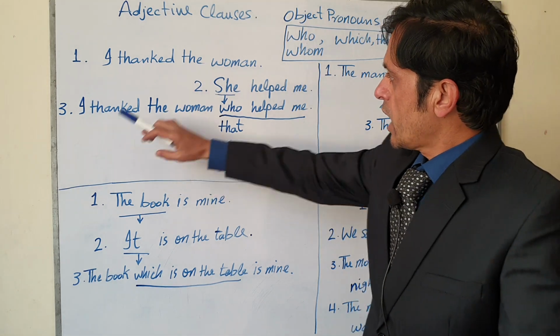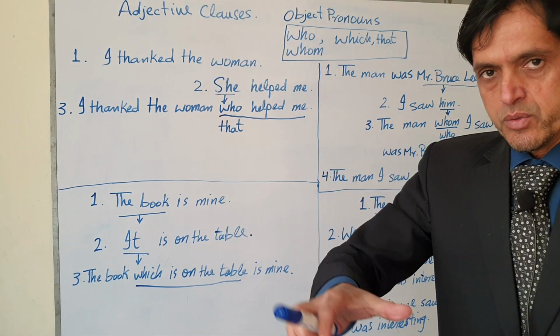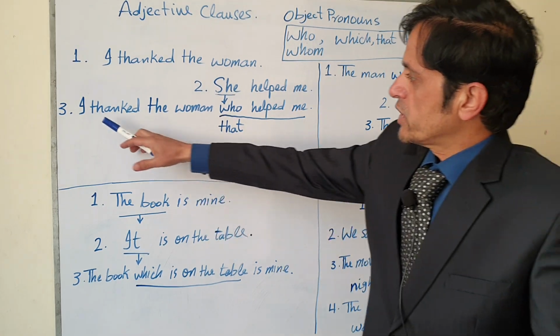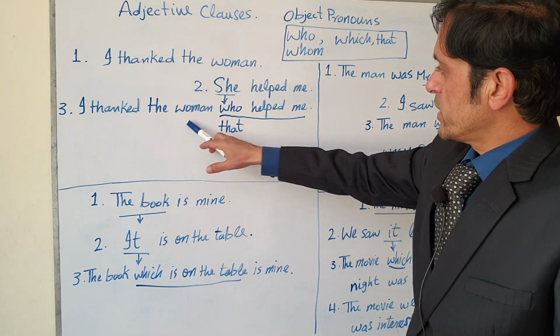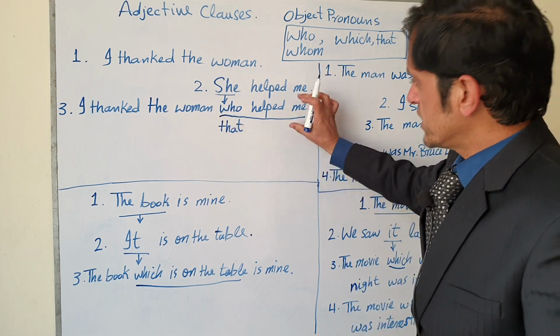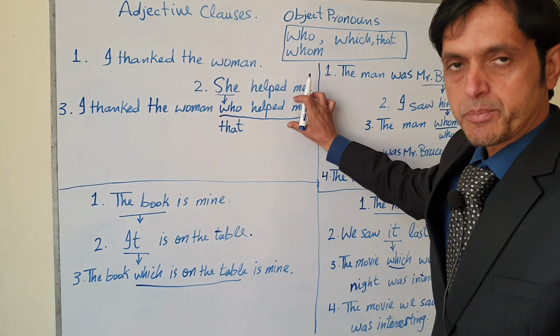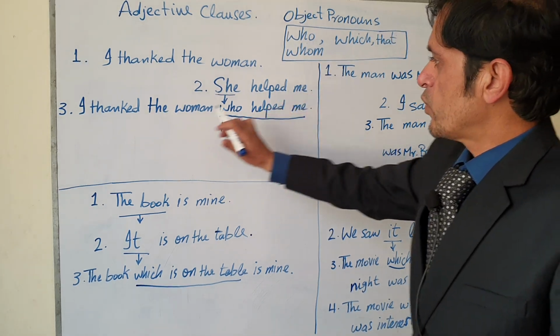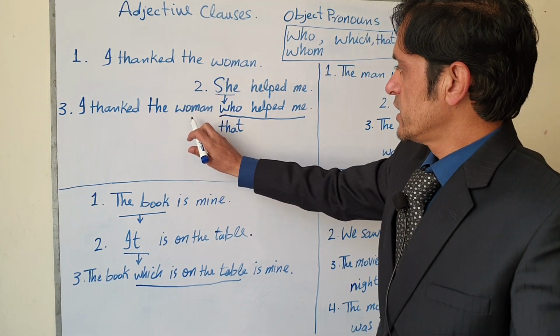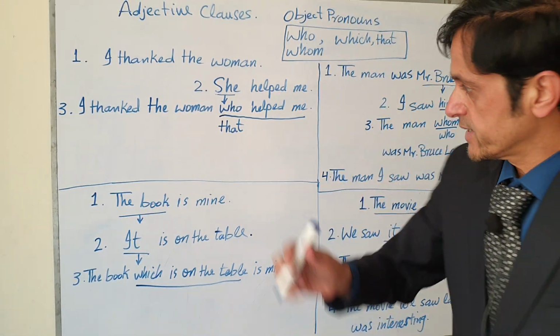Here is how we can change these two sentences into a complex sentence: I thanked the woman who helped me. Here, who helped me is the adjective clause and it is a dependent clause, while I thanked the woman is the independent clause and a complete sentence.